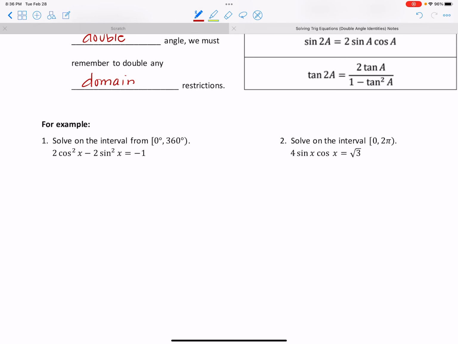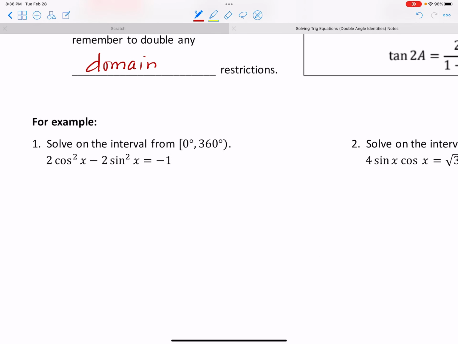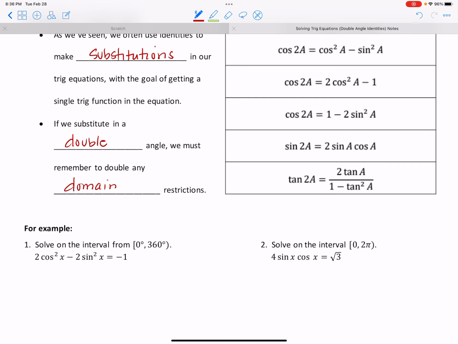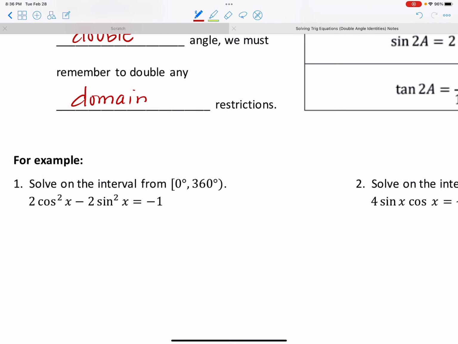We're going to solve on the interval from 0 to 360 this equation. So hopefully you're recognizing already if we have a cosine squared minus a sine squared, we see that happening in this very first cosine of that double angle. So my goal is to get that, but it doesn't look like that yet. But it's close. If I take this and factor out a 2, that's going to leave me cosine squared x minus sine squared x, and then I'm in perfect shape to make the substitution that I need.